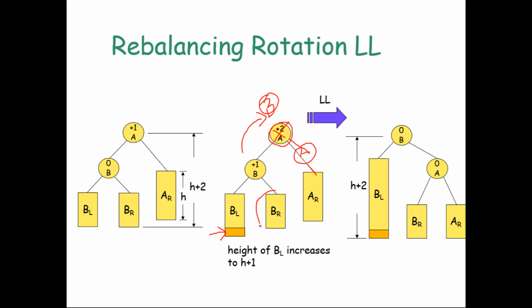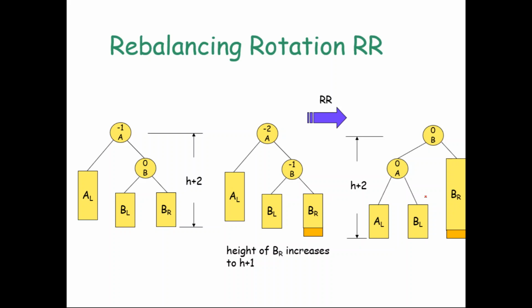BR is greater than B, so it is less than A. So it will become the left child of A. This is the result of the rotation. After this rotation, B becomes the root of the tree. A goes down, and the right subtree of B has now become the left subtree of A. So this is the result of this particular rotation.